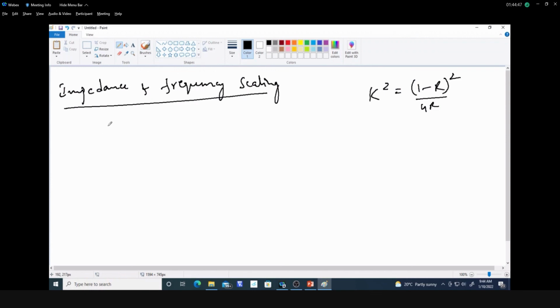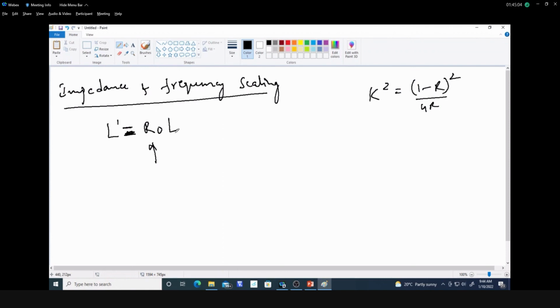Now those new values we can express in terms of R naught. Generally in our microwave design we specify Z0. Here instead of Z0 we are going to specify R naught.